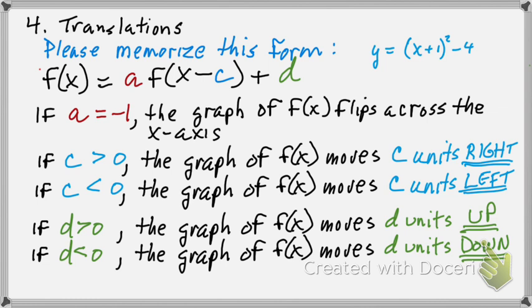What's happening to that parent function here? It's moving 1 to the left, because there's a plus sign here. And it's moving 4 down because of that. So it moved 1 to the left and 4 down.